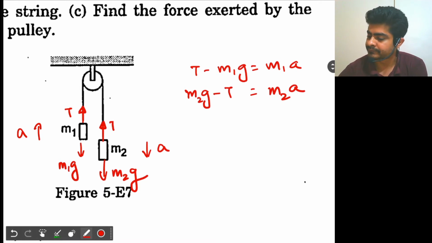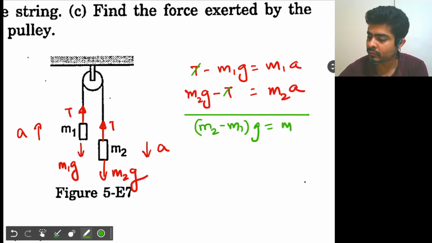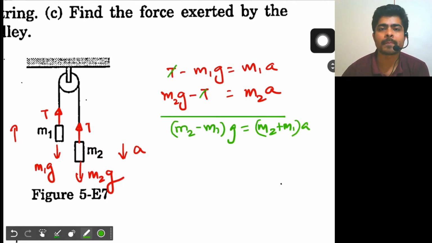Then add the two equations. When you add the two equations, T and minus T will cancel out. So you will get M2 minus M1 into G equal to M2 plus M1 multiplied by A. Okay.